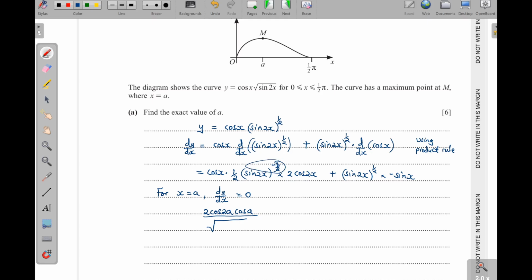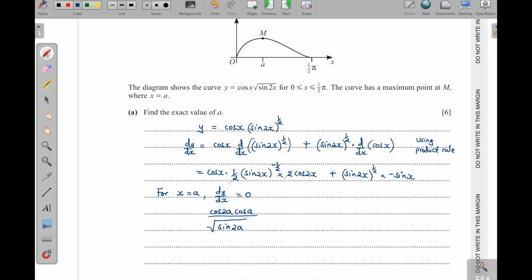Because in indices, this one can go down. So the square root of sine 2x, but I'll write 2a. And by the way, this 2 here has disappeared, if you can see this and that.